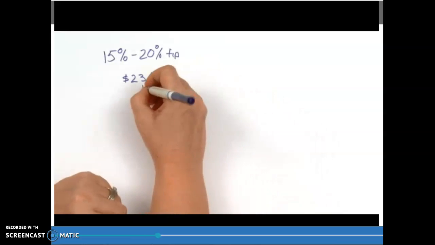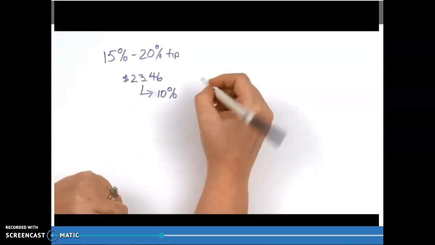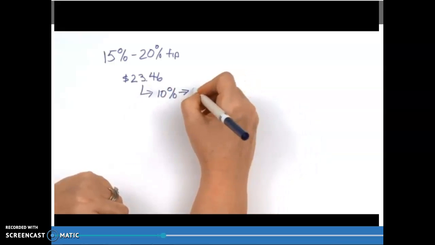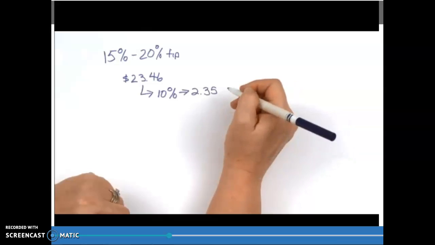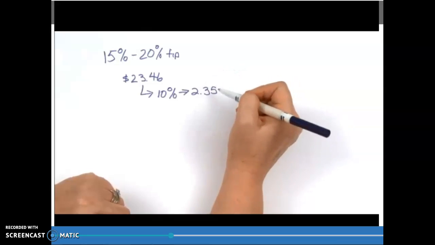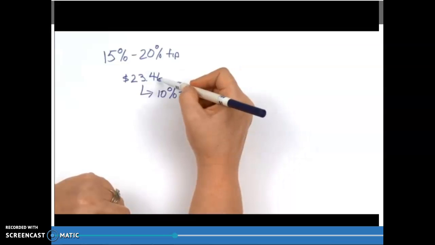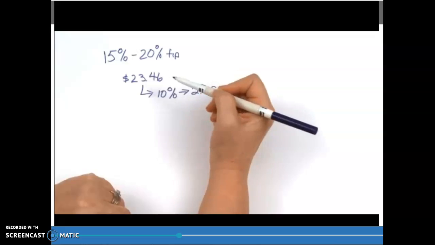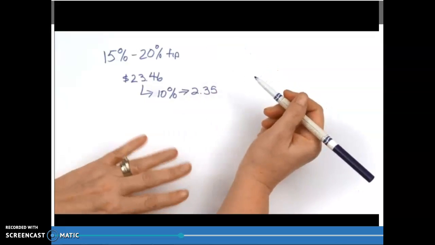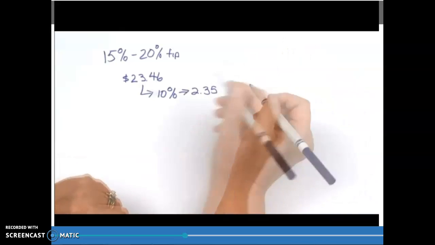We could say that 10% of that amount is $2.35. The reason that I said $2.35 is that if I were to round this up, that would give me 35 cents. So it's approximate, but it's always nice to err on the side of giving a little bit more.